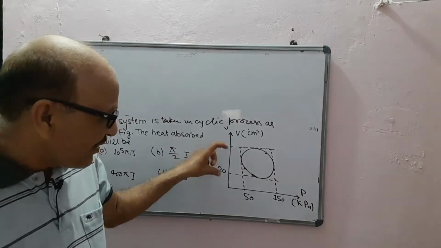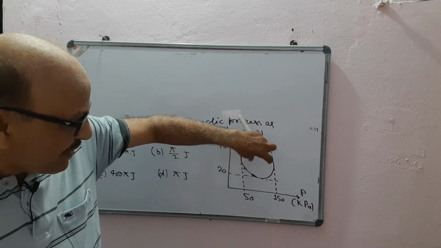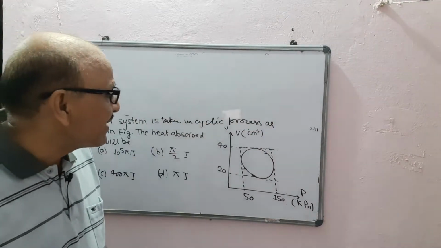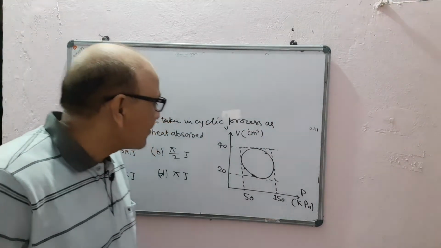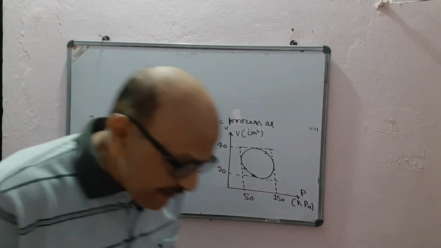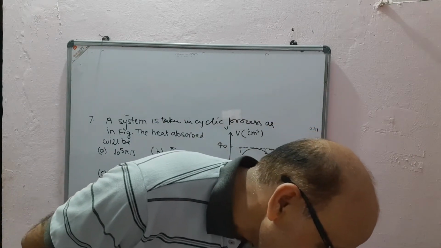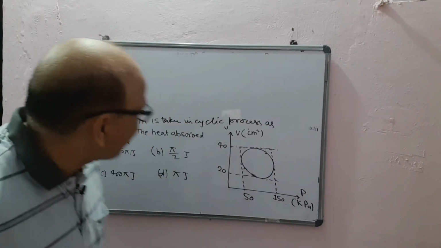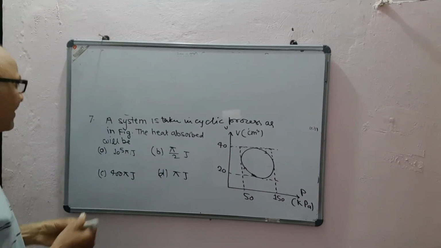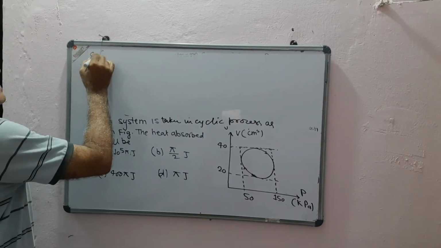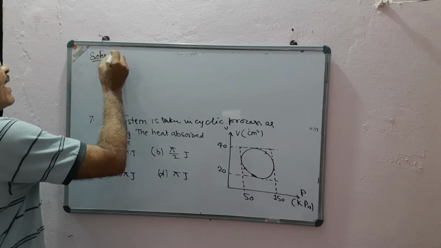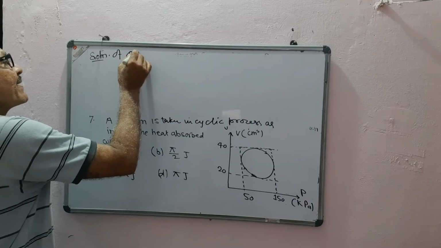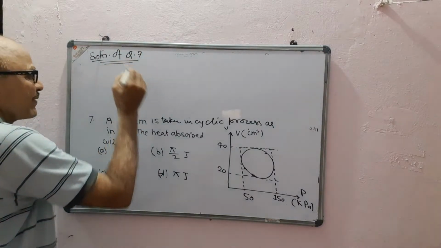Therefore, this will give the semi-minor axis and the other will give the semi-major axis. So the work done in this case will be equal to the heat. Solution of question 7.